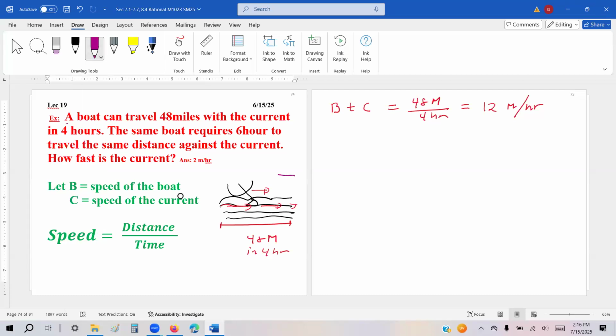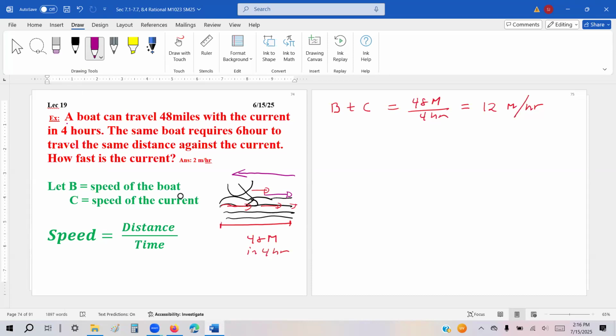When you come back, you are moving this direction, but the current is still moving in forward direction. So the current on the water, it's moving forward, but you are moving backward. So you have a friction, right? Obviously, speed has to be less than 12, right?